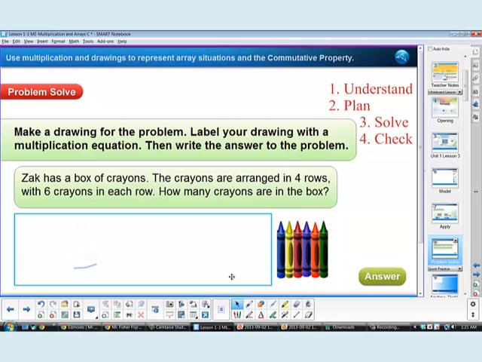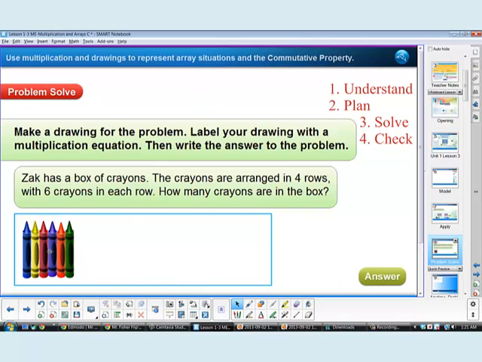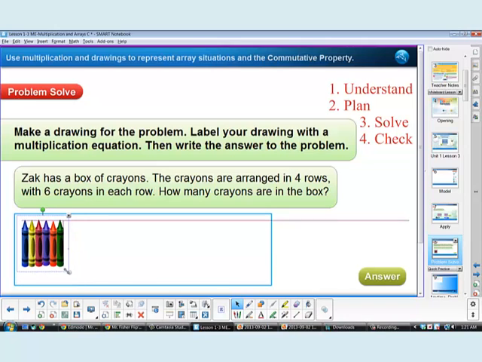I'm going to get a little more technical. So let's start out with some real crayons. Why not? Okay, help me set this up. Let's count with me. We have 1, 2, 3, 4, 5, 6. So in this row we have 6 crayons. Now, make sure this fits, right?